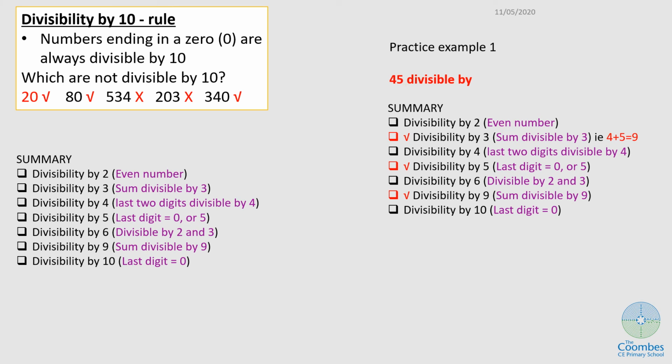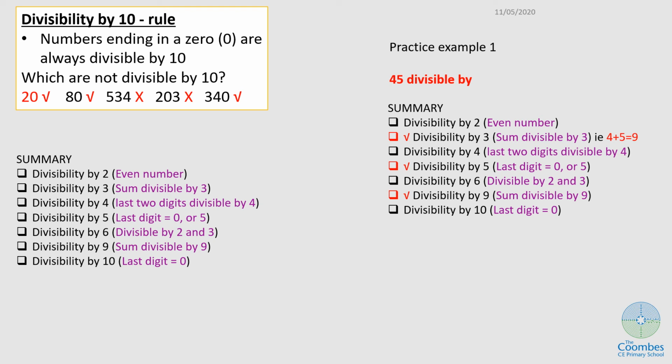No. So it's not divisible. Now, divisibility by 3, it says the sum is divisible by 3. That means I have to add 4 and 5. If I add 4 to 5, I will get 9. Can I divide 9 by 3? Yes. So 45 is divisible by 3.